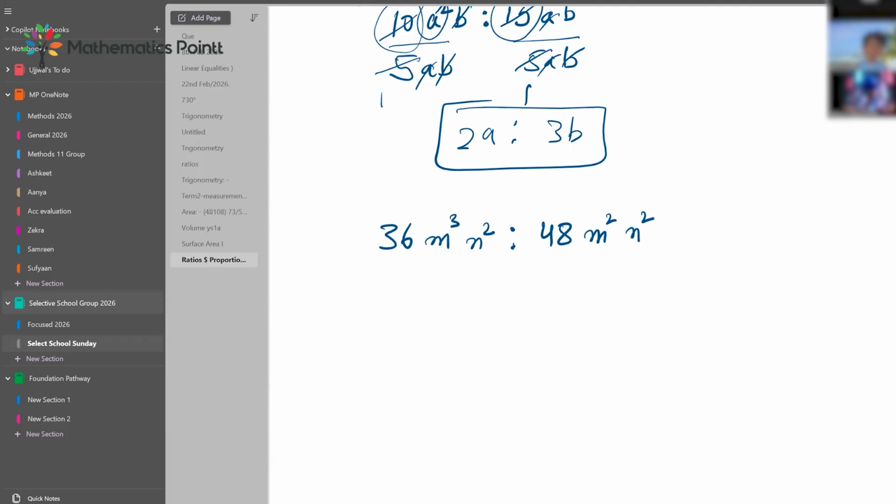Three m ratio 4 is what I'm hearing. Anyone who hasn't got this? 3m ratio 4 is what I'm hearing, as I'm looking. 3m, not 3m ratio 4m, Satvik, it is 3m ratio 4. The m's gone.